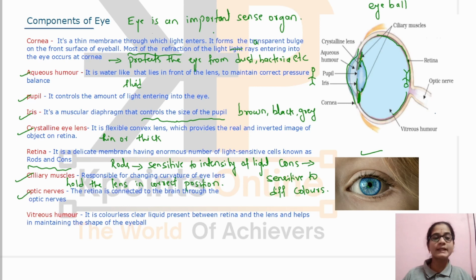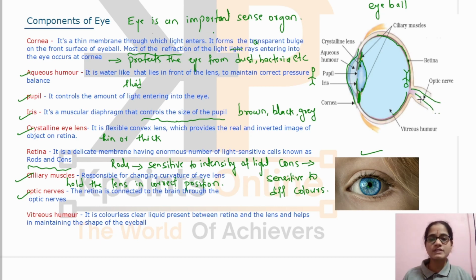Then, optic nerves. As I said, the image that is formed on the retina is real and inverted. But we see erect images. We see the objects around us in the erect position only. How does this happen? Because this retina is going to convert this image into electrical signals. And this electrical signal is sent to the brain by these optic nerves.